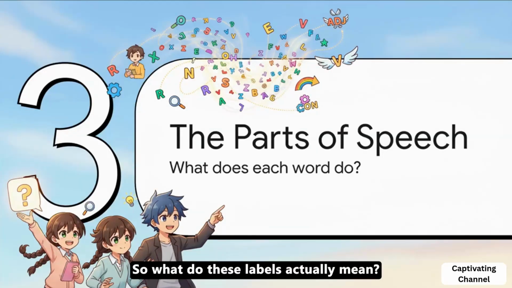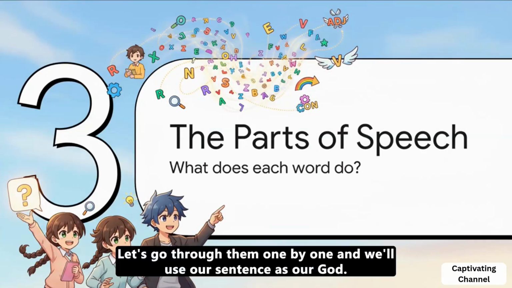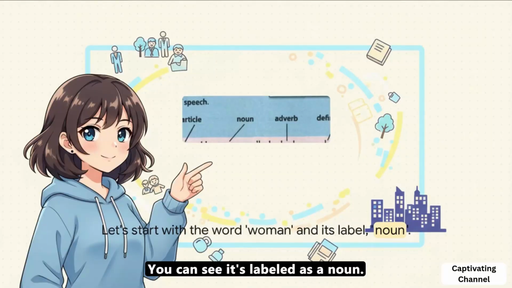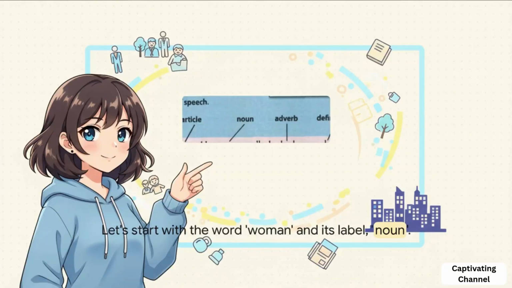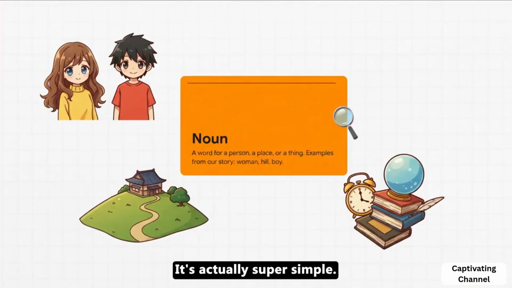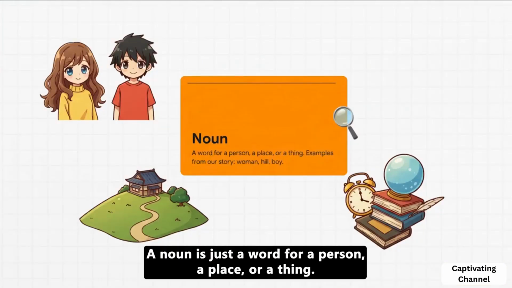So what do these labels actually mean? Let's go through them one by one, and we'll use our sentence as our guide. Okay, let's start with the word woman. You can see it's labeled as a noun. But what in the world is a noun? It's actually super simple. A noun is just a word for a person, a place, or a thing.